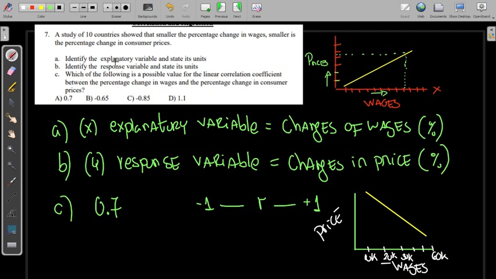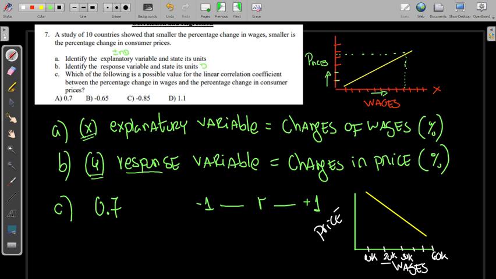So identify the explanatory variable. The explanatory variable is the independent variable, which is the X, right? It explains why things are happening, and that's the X value. That's why I put that on the X axis. The response variable is the dependent variable.